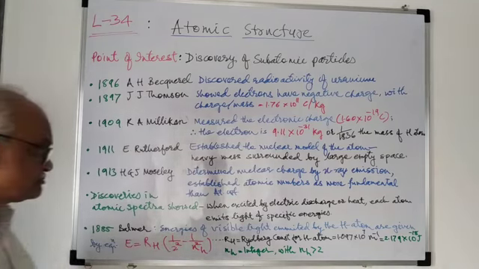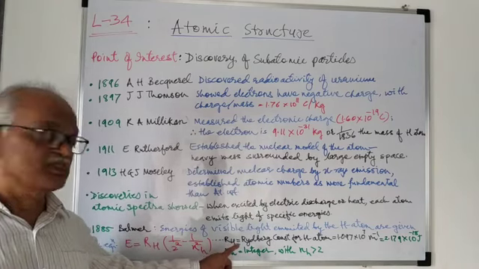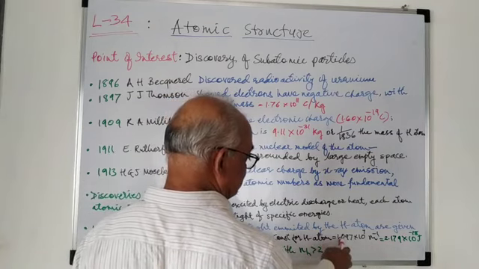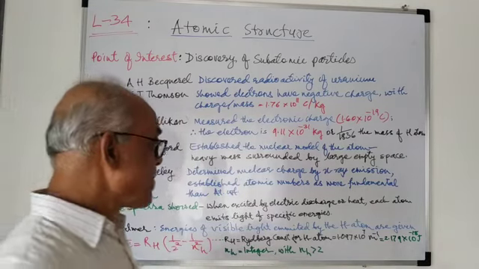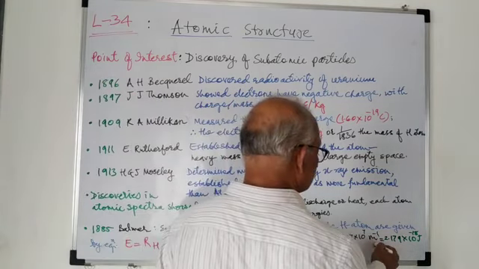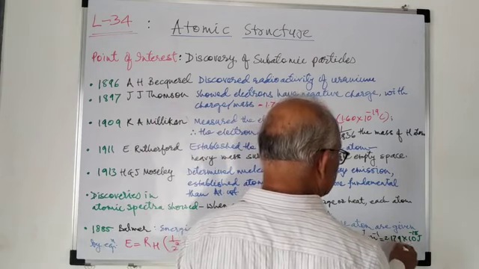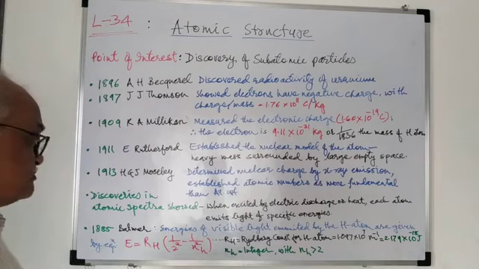Here RH is called the Rydberg constant. It has a value for the hydrogen atom of 1.097 into 10 raised to 7 per meter, which is equal to 2.179 into 10 raised to minus 18 joules.